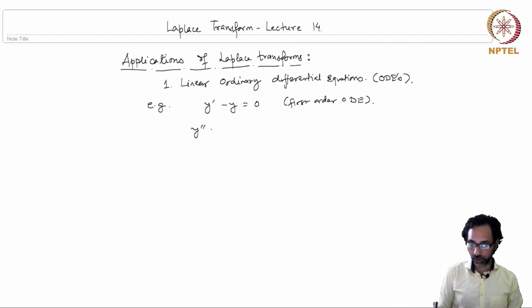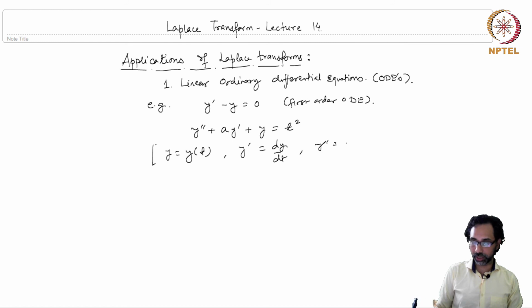You can also have y double prime plus a y prime plus y equals some function of t, such as t squared. So here y of course is a function of t, y prime is the derivative of y, and y double prime is the second derivative of y, and so on.